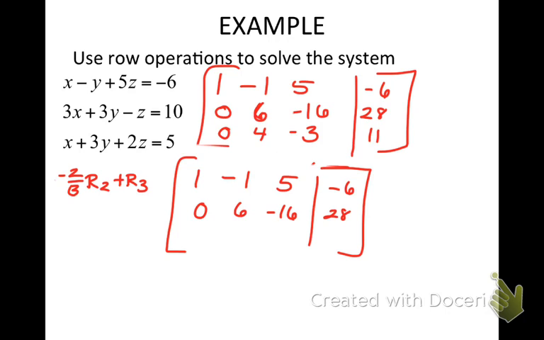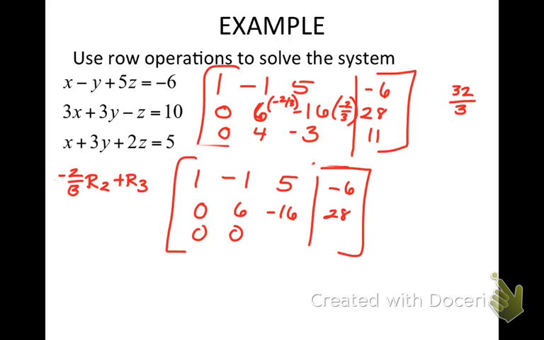Now row 3: 0 times -2/3 is 0, plus 0 is 0. 6 times -2/3 would be -4 plus 4, which is 0. 16 times -2/3 is going to be what? 32 thirds, right? Did I do that math right? 16 doubled is 32. 32 thirds.